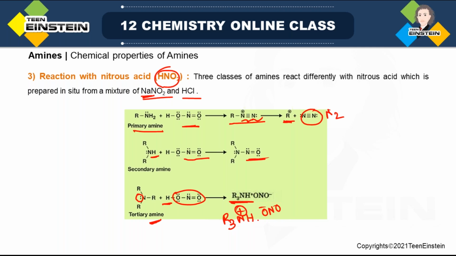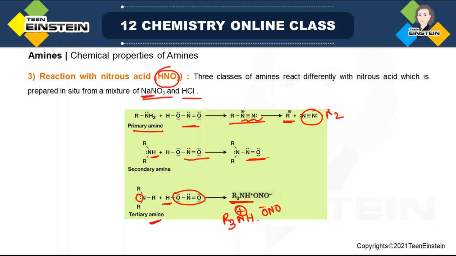Fine, but this is just a proton capture reaction. This is actually not a reaction, so we cannot say that with tertiary amine there is some reaction with HNO2. This is simply the attack of the lone pair over nitrogen. It is capturing the H and the rest of the part is the counter ion ONO.